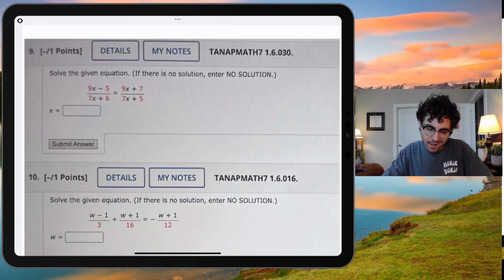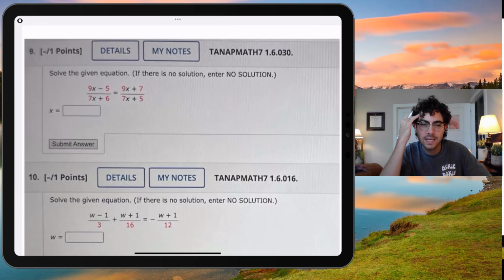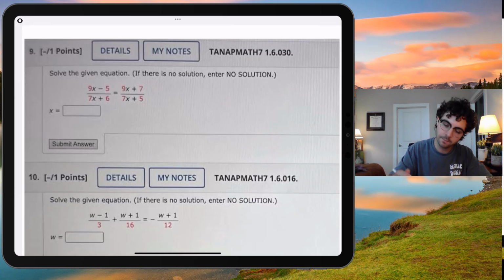Okay. I might recommend the approach of cross multiplication. You could also take the approach of getting everything on one side, finding a common denominator. It's kind of doing the same thing. I'm going to do cross multiplication anyway.